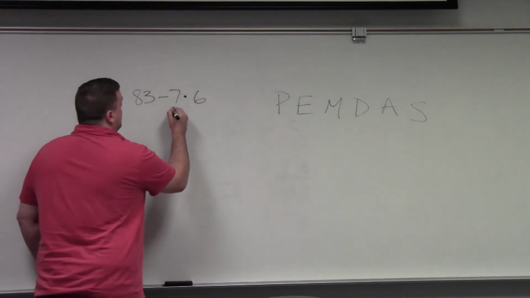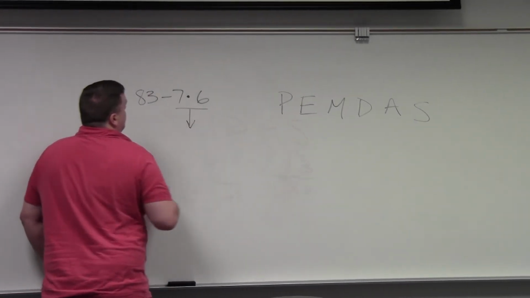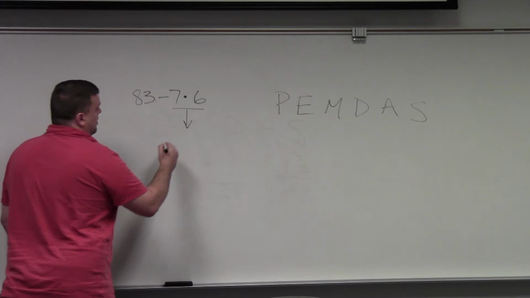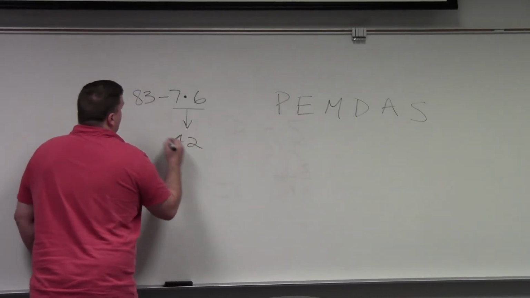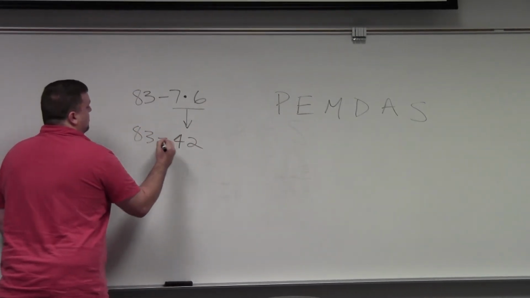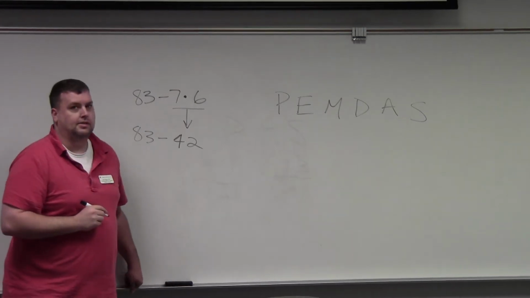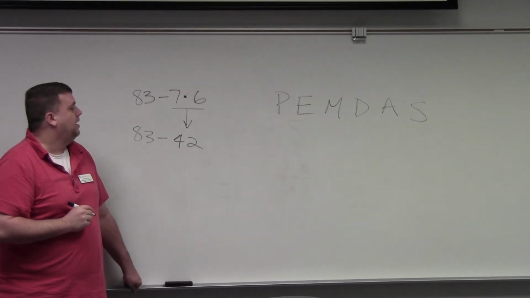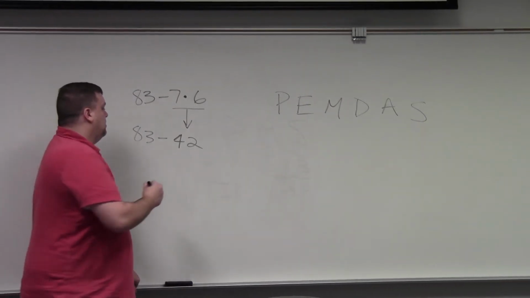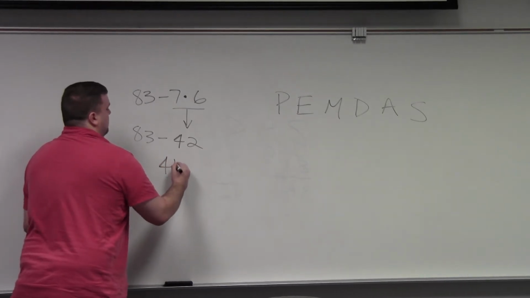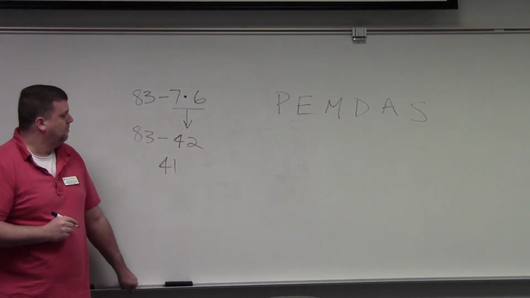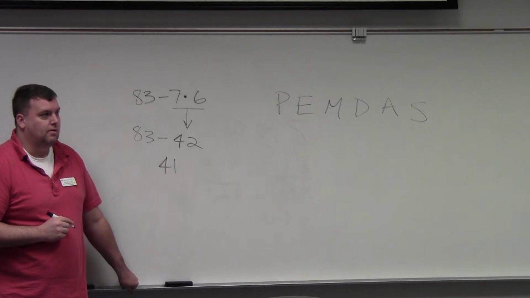Multiplication. So what's 7 times 6? 42. And then just bring down the rest of the problem as is. 83 minus 42 is our last step. Someone said 41. And that is correct.